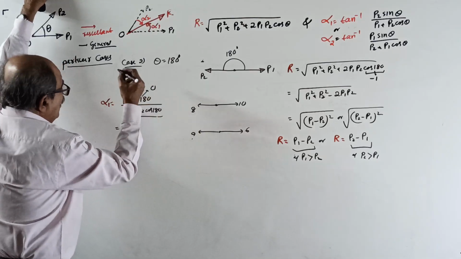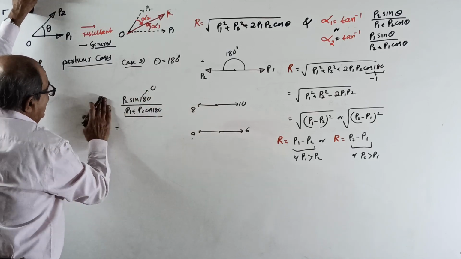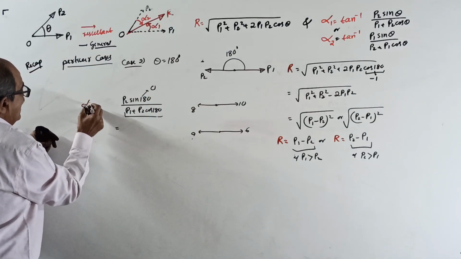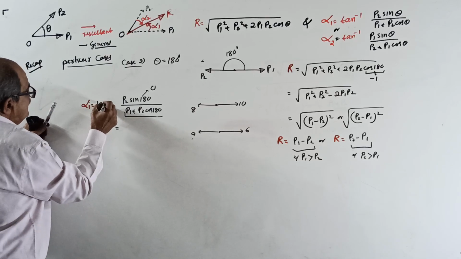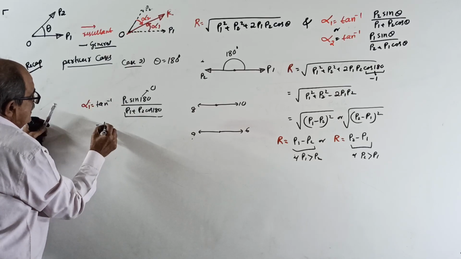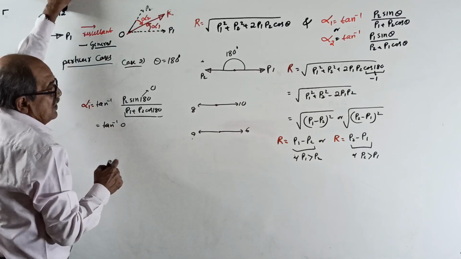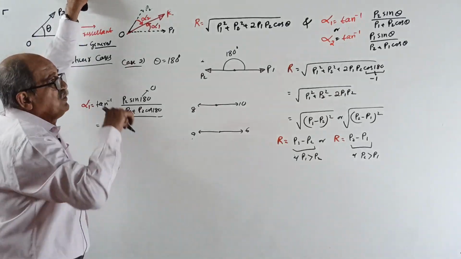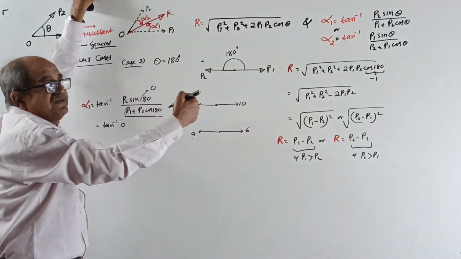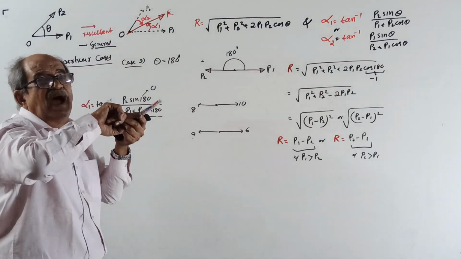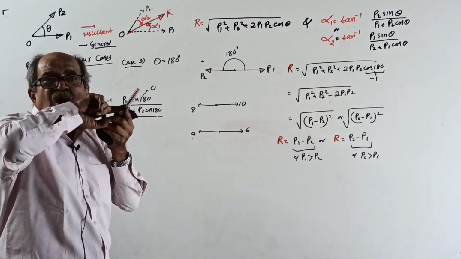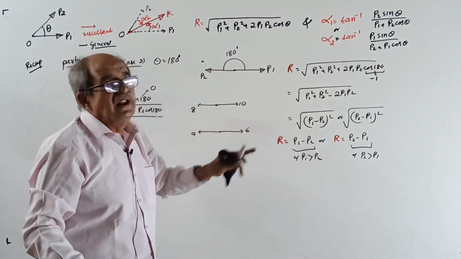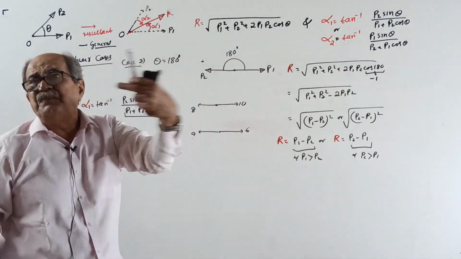Sin 180 is 0. Sorry, again I am forgetting tan inverse. Alpha 1 equal to tan inverse of 0. But you should know, since one force is that side, other force is this side, resultant can either make an angle 0 degree with what? With the P1, or it can make 0 degree with the P2.